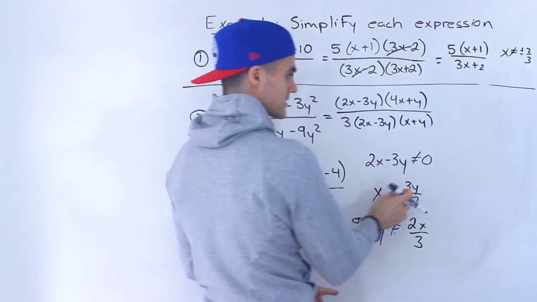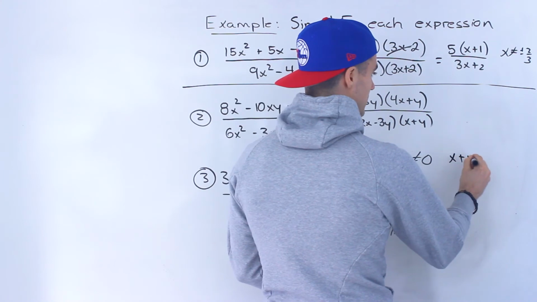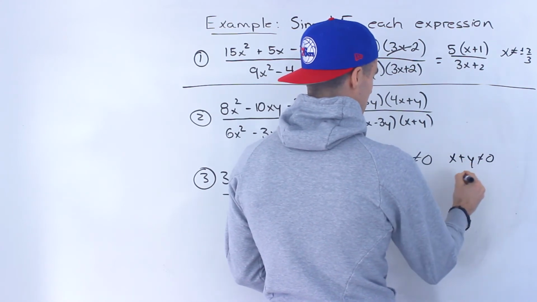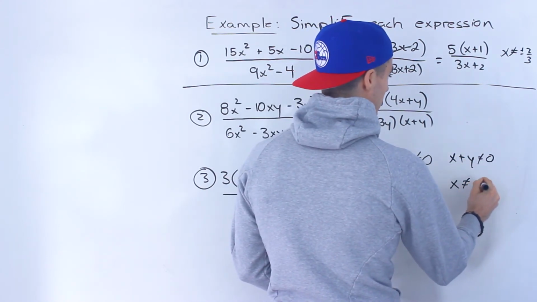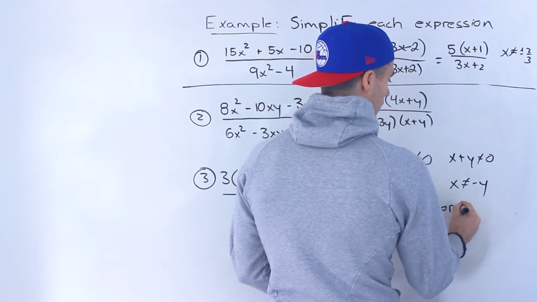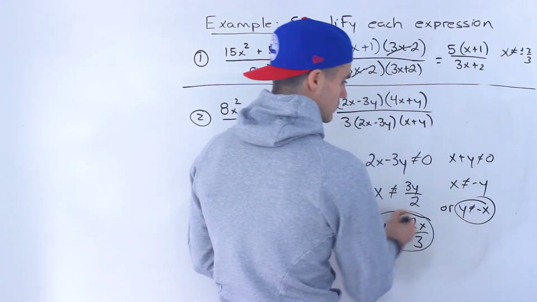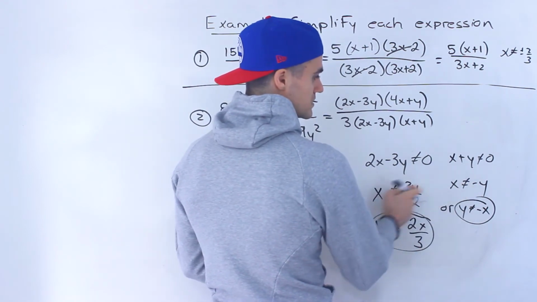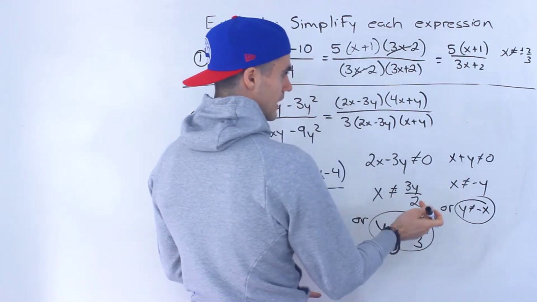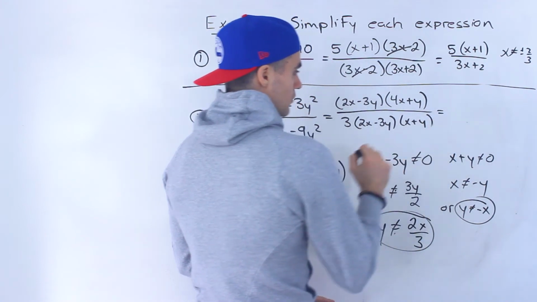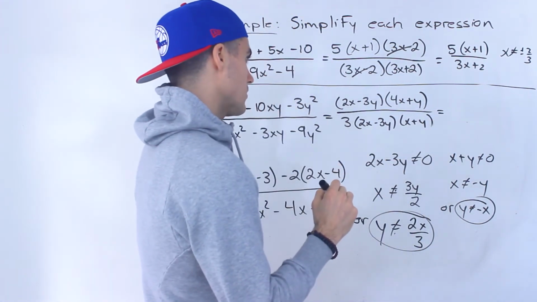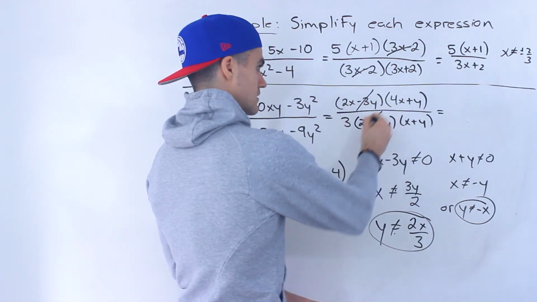I'm going to use the x one, and then notice that x plus y cannot equal 0. So if we isolate for the x, x cannot equal -y, or y cannot equal -x. So you'd either write these two restrictions or these two. I'm going to write these two at the end. So those are our restrictions, and then notice that this and this cancel.